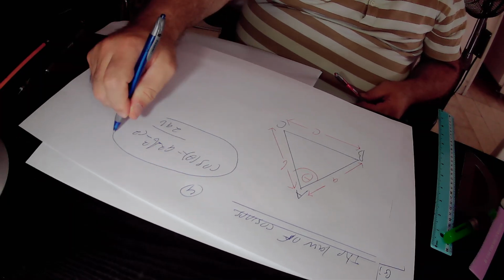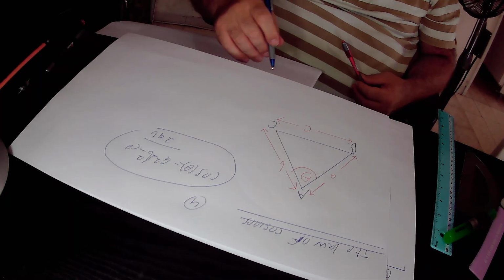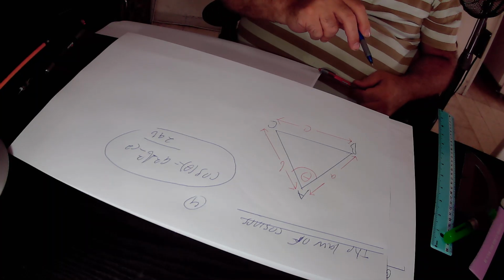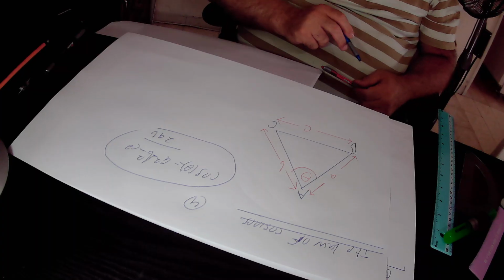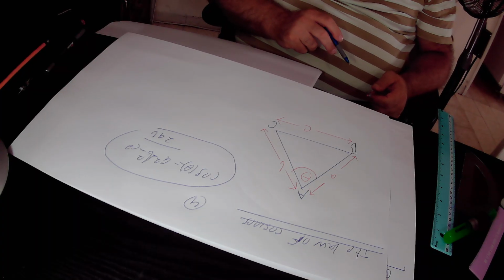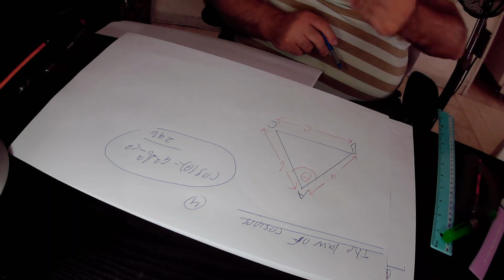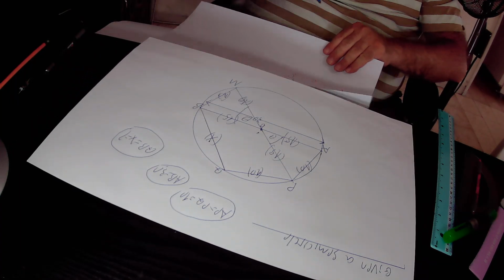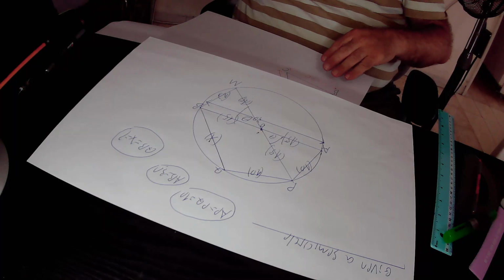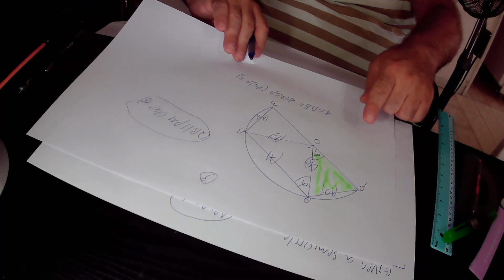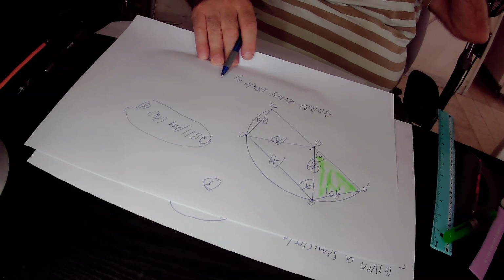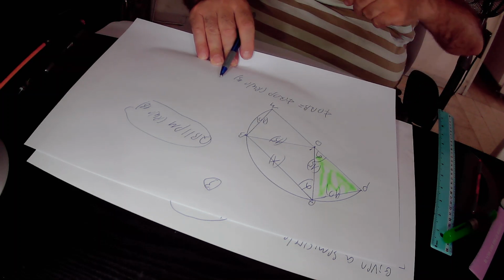In this triangle ABC, cosine theta equals A squared plus B squared minus C squared over 2 times A times B. So we can implement the law of cosines in any triangle. So we'll implement the law of cosines in this green triangle POQ. I'll copy triangle POQ in a new page, and we'll implement the law of cosines in this green triangle.